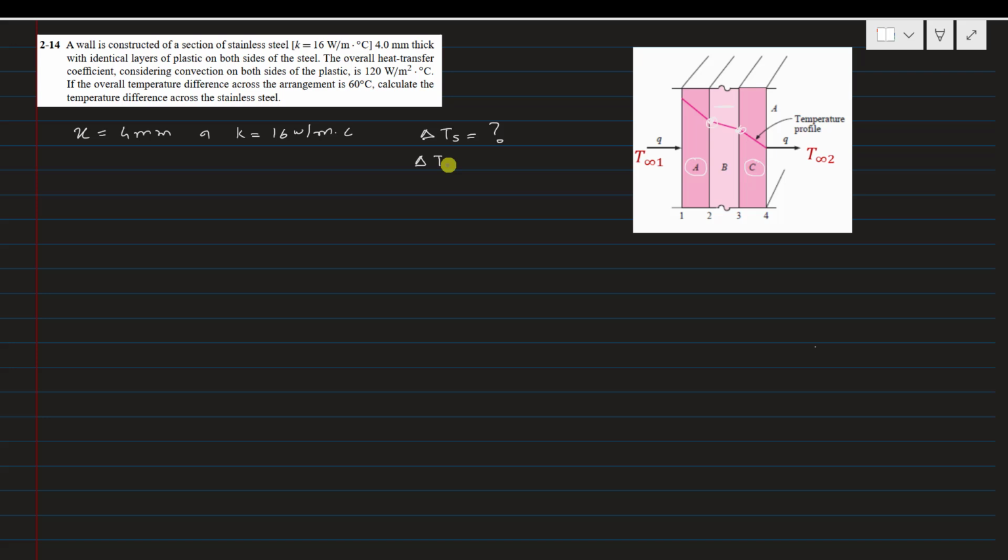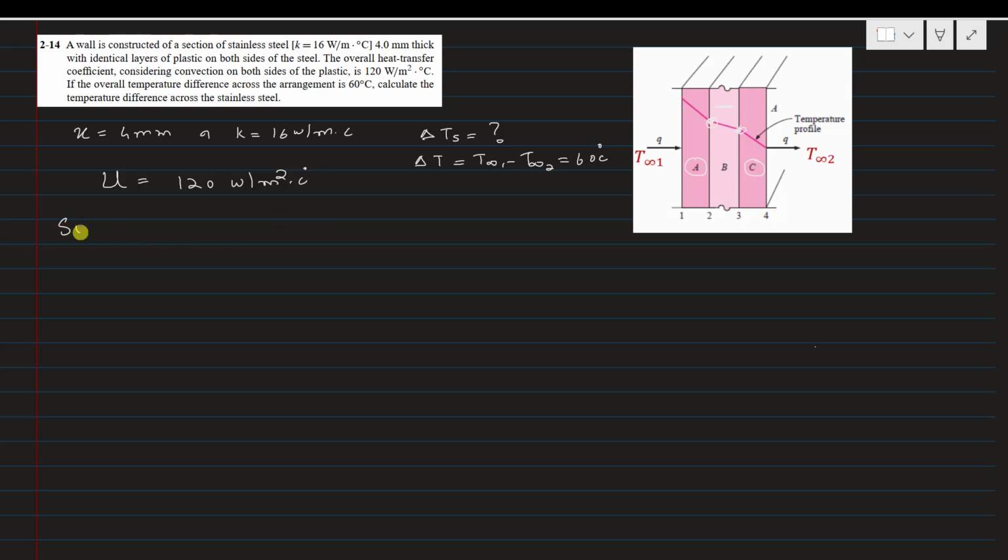That is T infinity 1 minus T infinity 2, and it is 60 centigrade. And also the overall heat transfer coefficient is 120 watt per meter square centigrade.